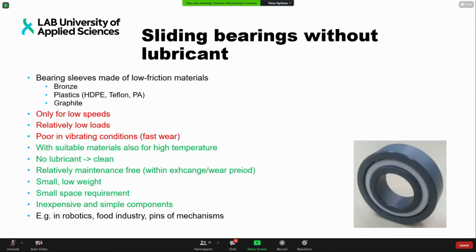And the most simple type of sliding bearing is a sliding bearing without any lubricant. An example of that could be in this picture.